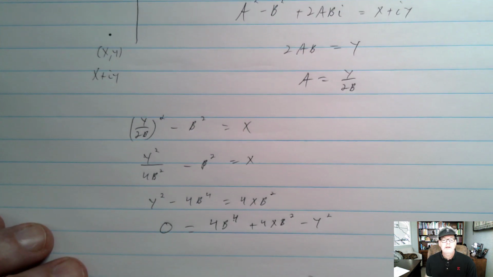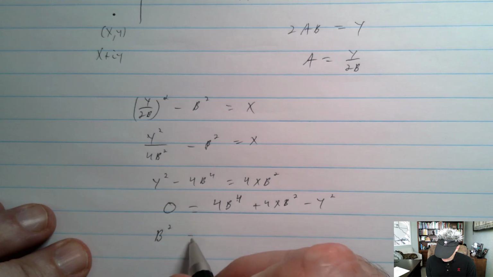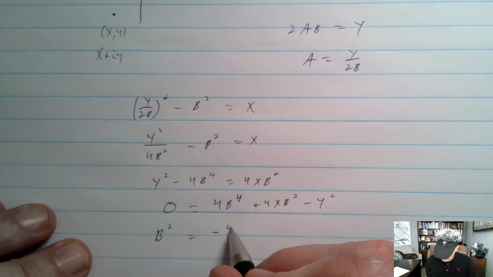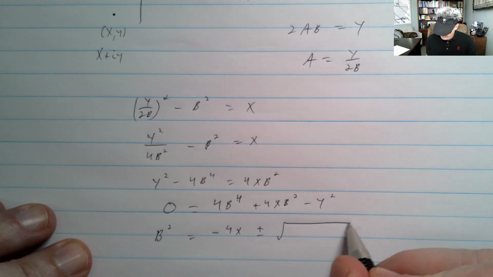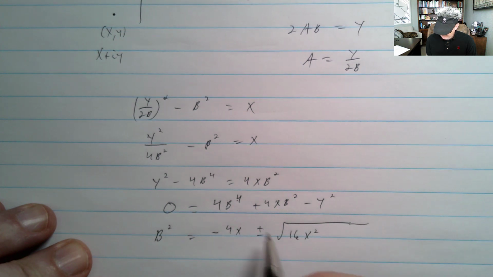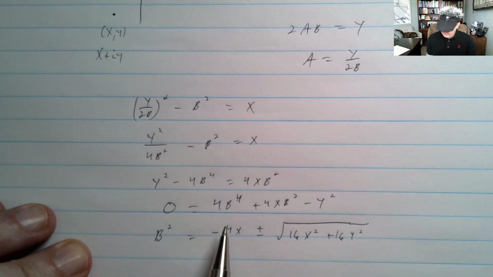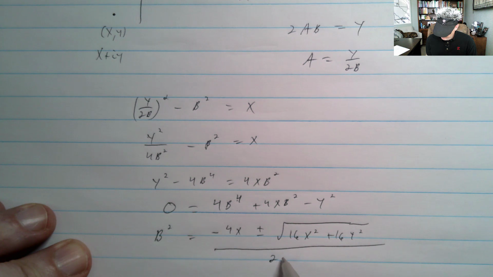And again, use the quadratic formula to solve for b squared as our variable. So it'll be negative b plus or minus the square root of b squared minus 4ac. So 4a is 16c minus y squared. Gives me that all over 2a. So it's similar to before, well, 2a, so we'll call that 8.